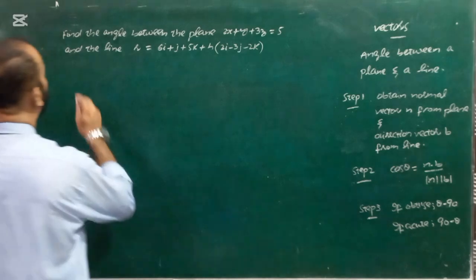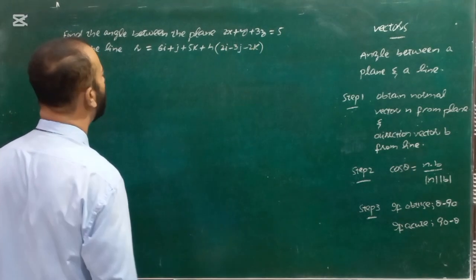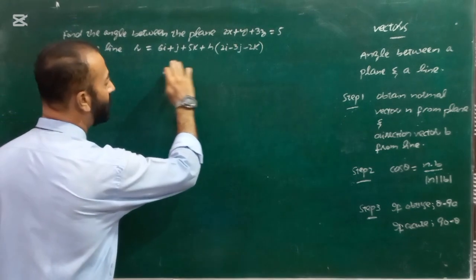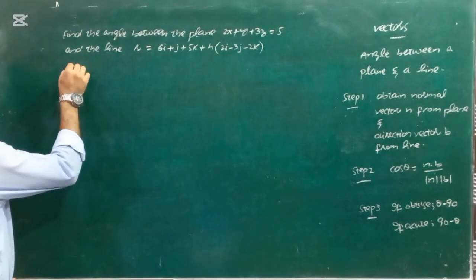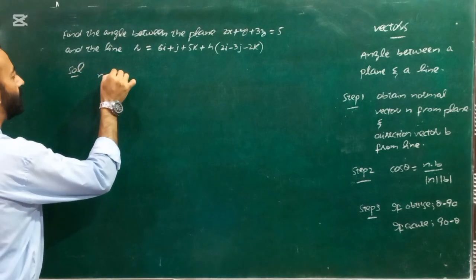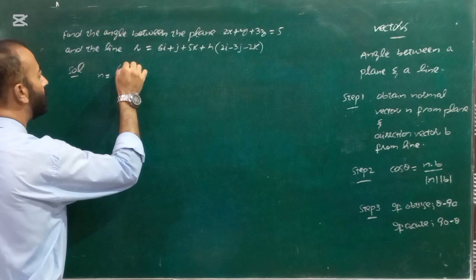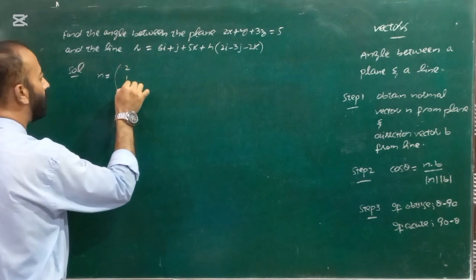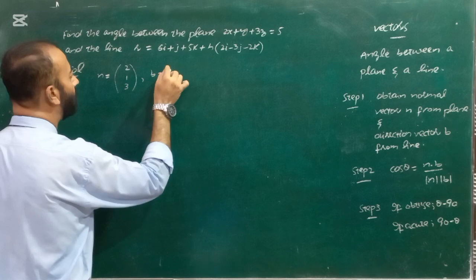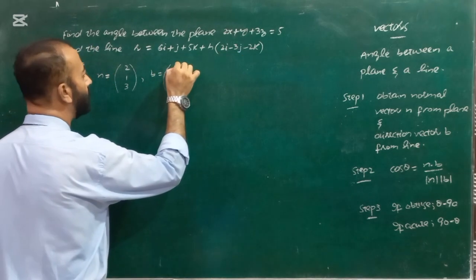So look now, find the angle between the plane 2x plus y plus 3z equals 5 and the line r equals 6i. So this is the line. Look now at the solution. The normal vector is (2, 1, 3) and the direction vector of the line is (2, -3, -2).